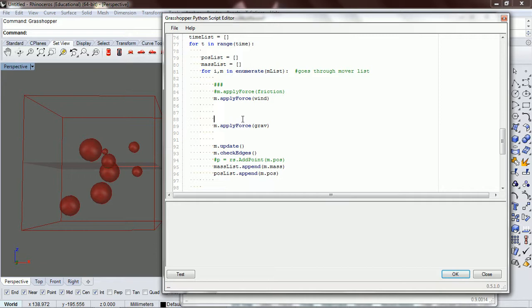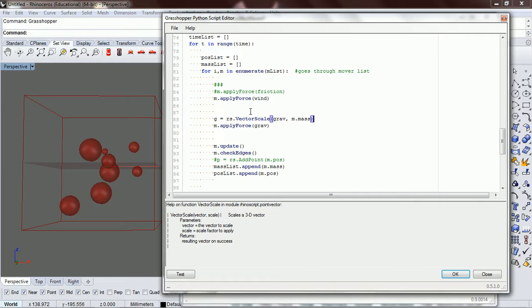And so with gravity, we're going to do G equals rs dot vector scale, and we're going to do gravity, and we're going to do m mass.